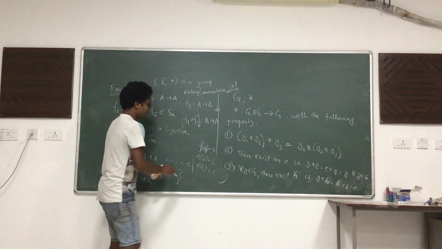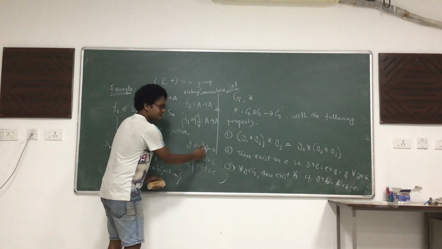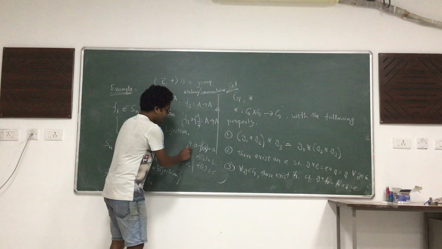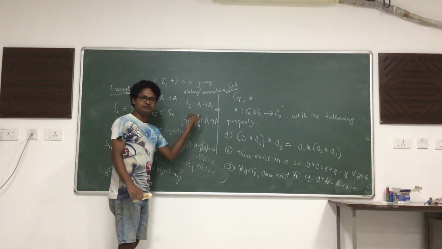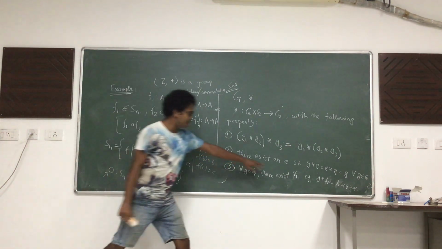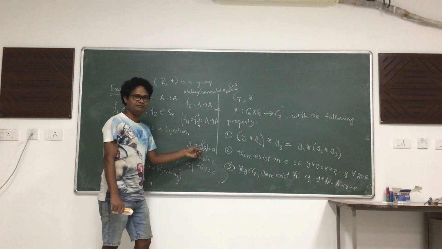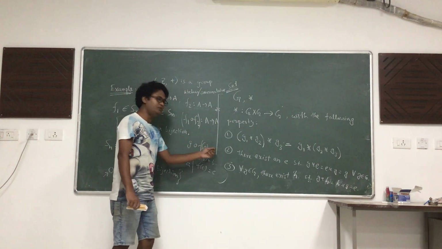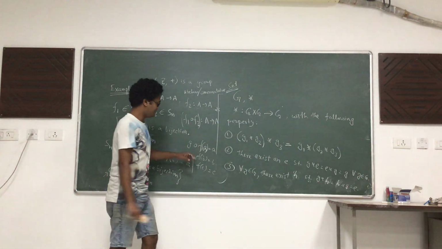So under composition, if we take another G with this, since this is not changing anything, G will send A to G of A as usual. So this will play the role of the identity mapping.